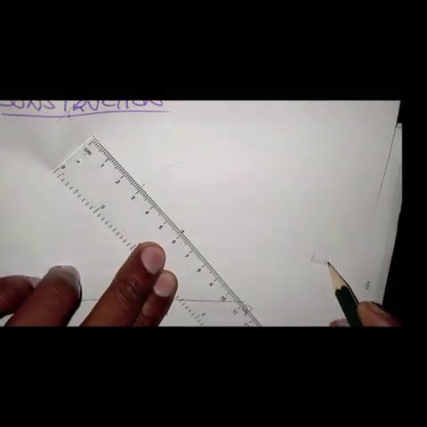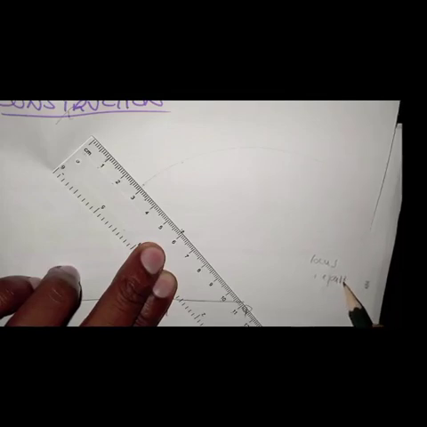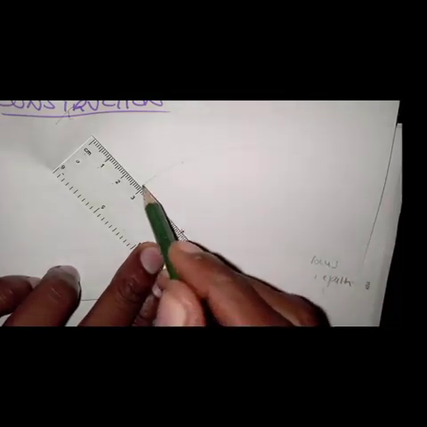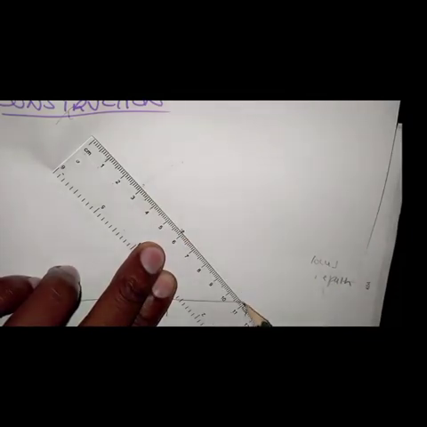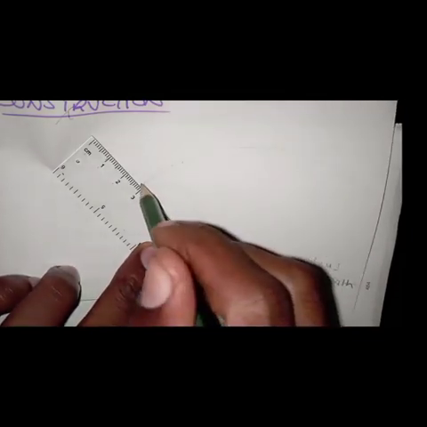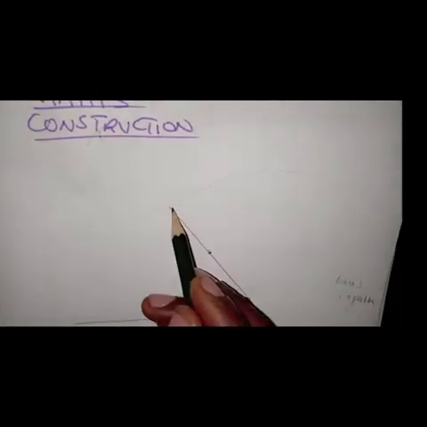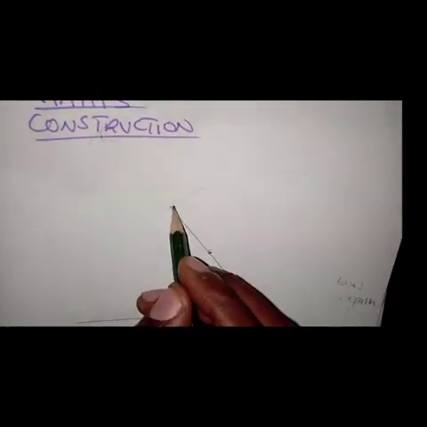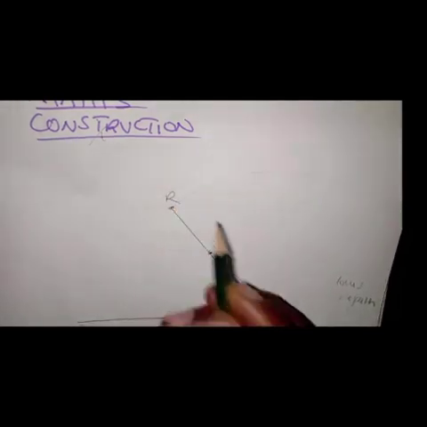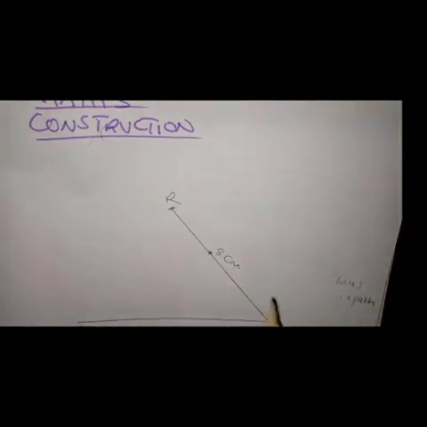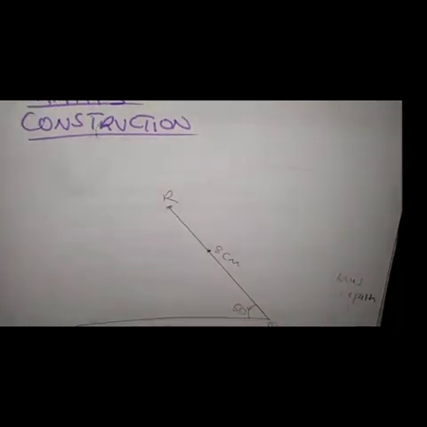Locus means path. So you draw up to there. Remember this was your 8 centimeters, it means that's where point R is. So this one is 8 centimeters, and this angle we measured was 50 degrees. There's no problem indicating. There are some who don't indicate, it's fine.